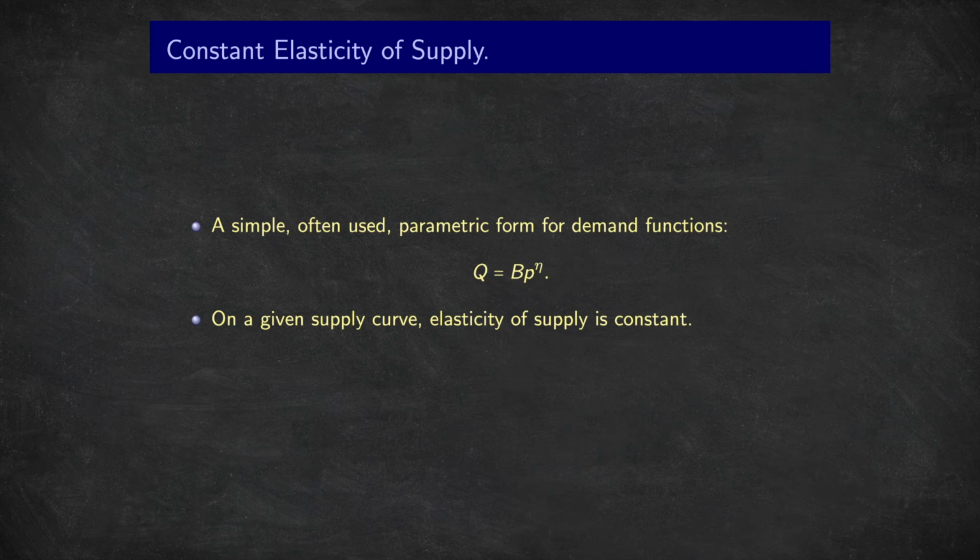Again, we should check that our use of the letter eta is appropriate here by proving that the price elasticity of supply is constant, is just a number, and is equal to this eta used in our notation here. The proof is entirely similar to the constant elasticity of demand case, so I won't go through it now, but I encourage you to double check this.